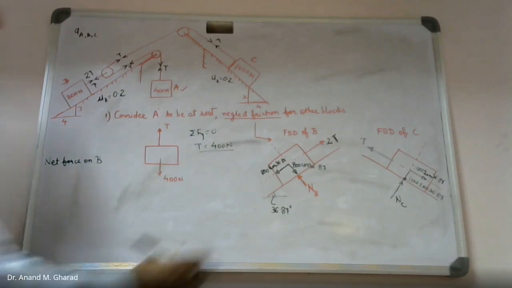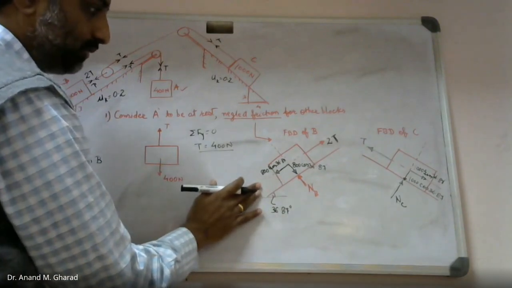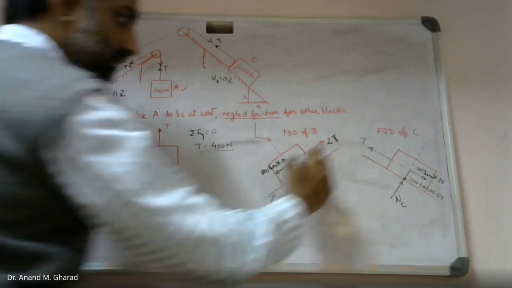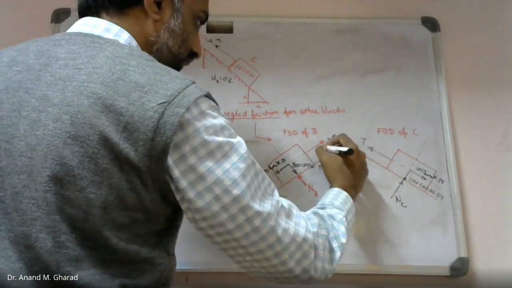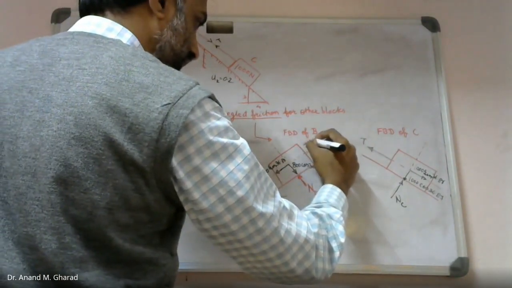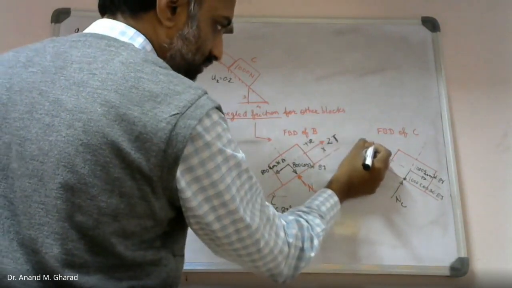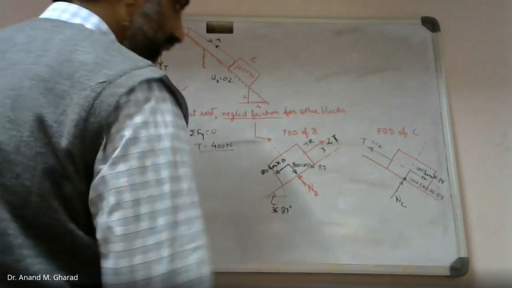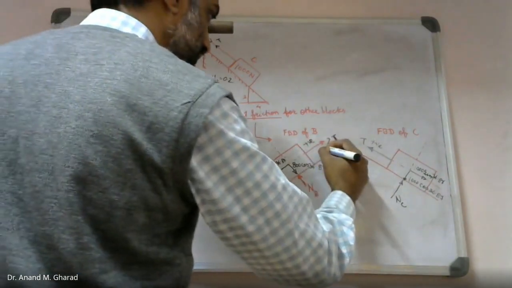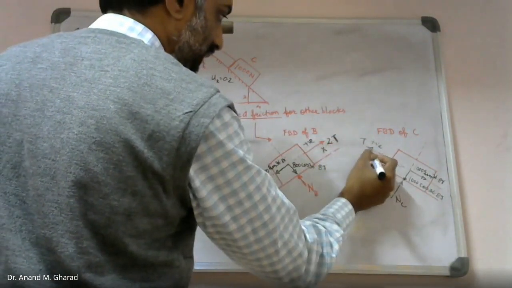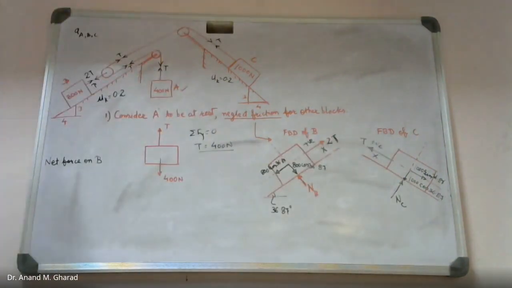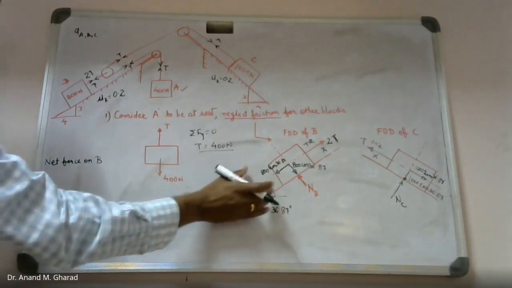So you know the net force which will be responsible for the motion of this block, it will be in this direction, that is x direction. So I will assume this to be positive x upwards, and this is again positive x. Opposite to it shall be negative value. Okay? So this is the x-axis, this is again the x-axis, and these two are positive directions. So for block B, the net force will be in this direction.